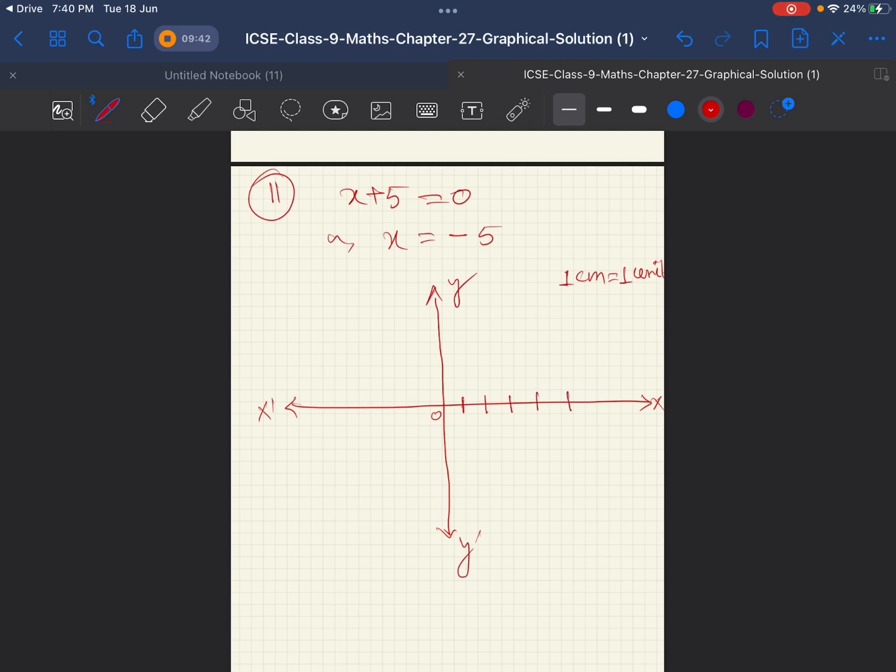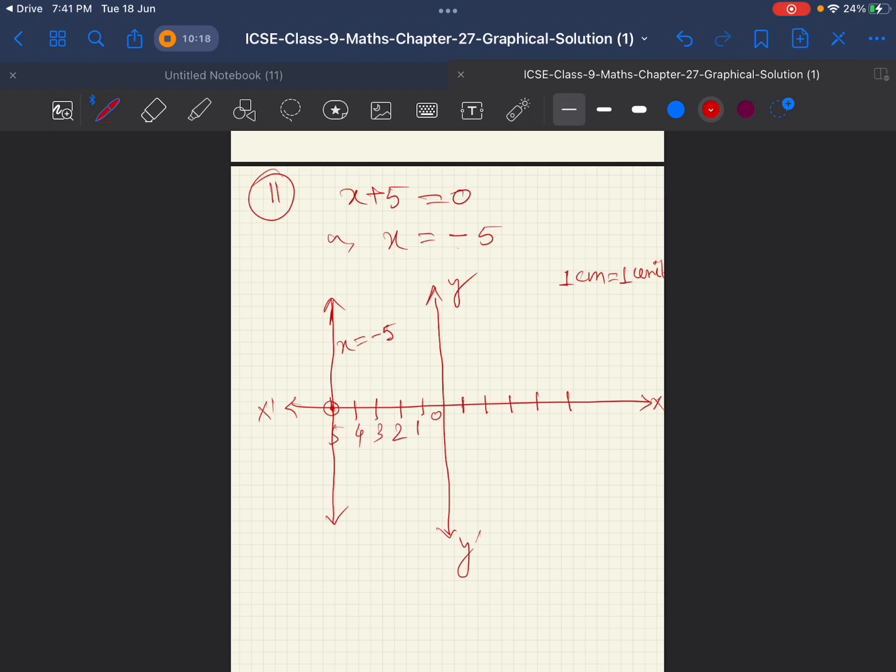So here we take 1 centimeter equals to 1 unit. 1 2 3 4 5. Here x equals to -5. So here 1 2 3 4 5, x equals to -5. So we draw this line in the graph.